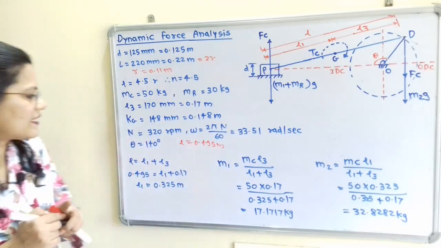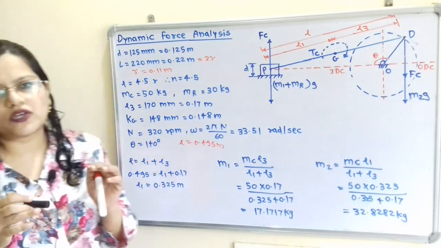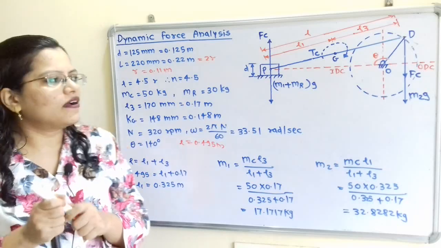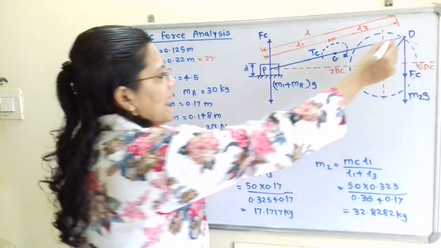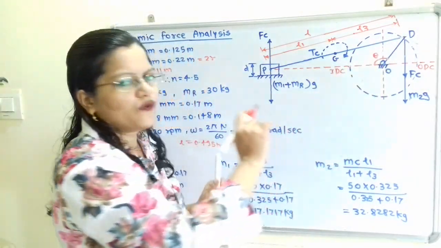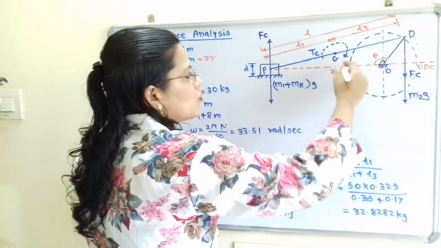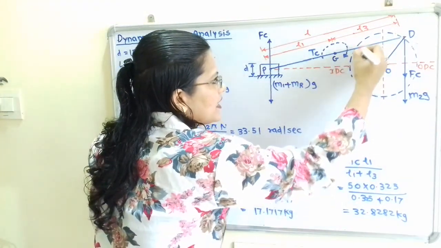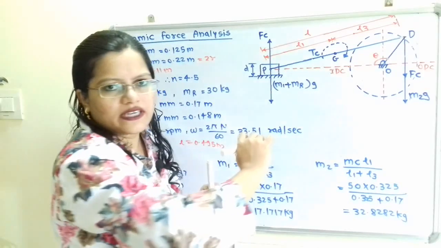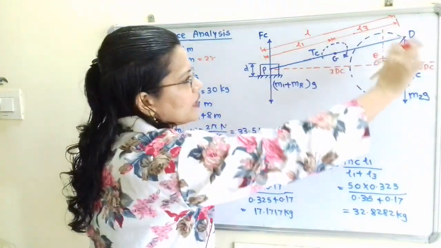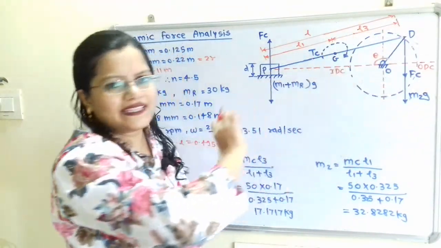Now the angle theta is also given, it is 140 degree. So this is the angle made by this crank with this inner dead center. So we can say that this crank is rotating from this inner dead center towards the outer dead center. So where is the direction of rotation? That is in the clockwise direction.